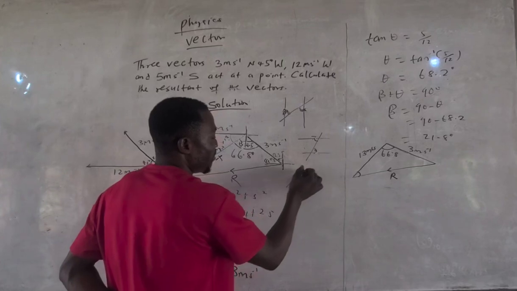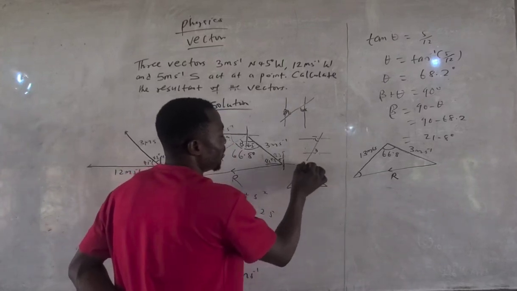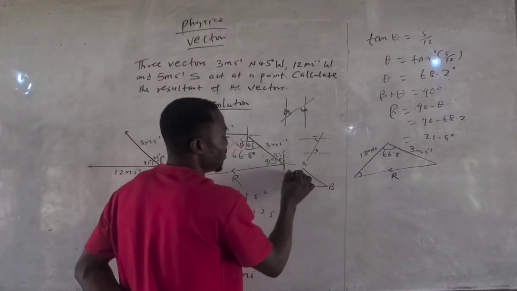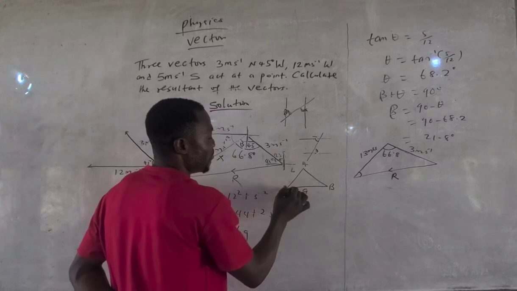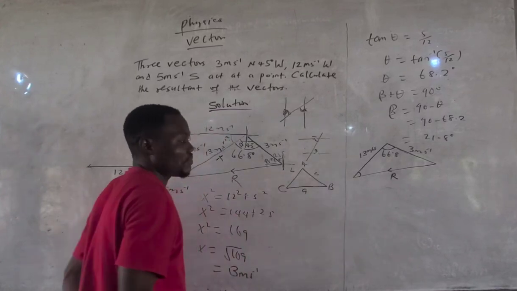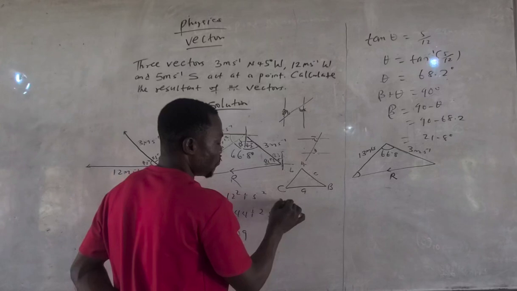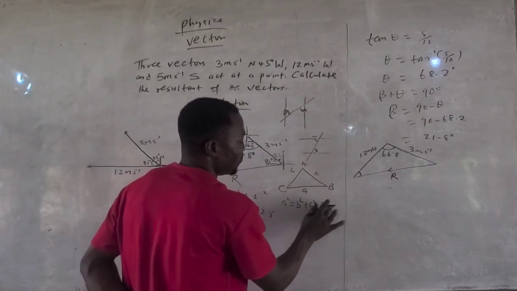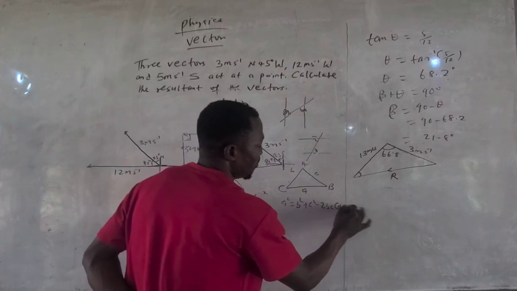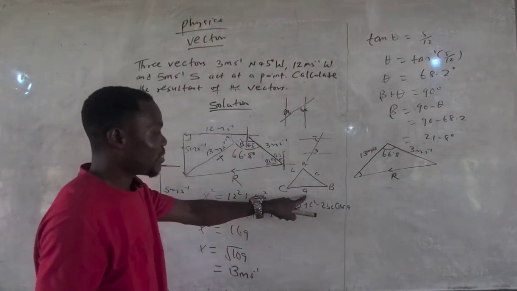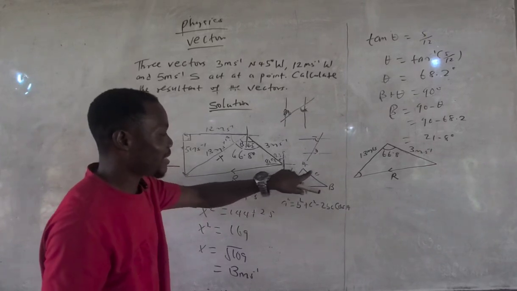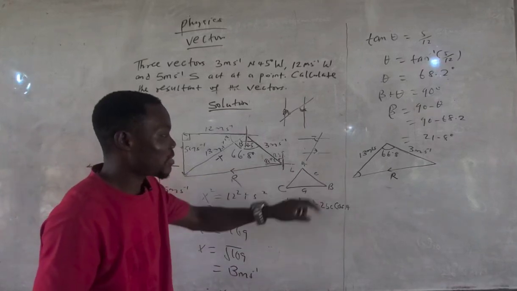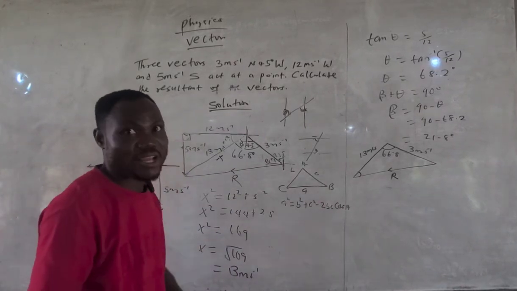Cosine rule: if you have a triangle with angle A and the side facing it, small letter a, here is B and the side b, and here is C and the side c, the cosine rule states that a squared is equal to b squared plus c squared minus 2bc cos A. So if I'm looking for this side, the square of this is equal to the sum of the squares of the other two sides, minus 2 times the product of those two, cos the angle opposite the side I'm looking for.